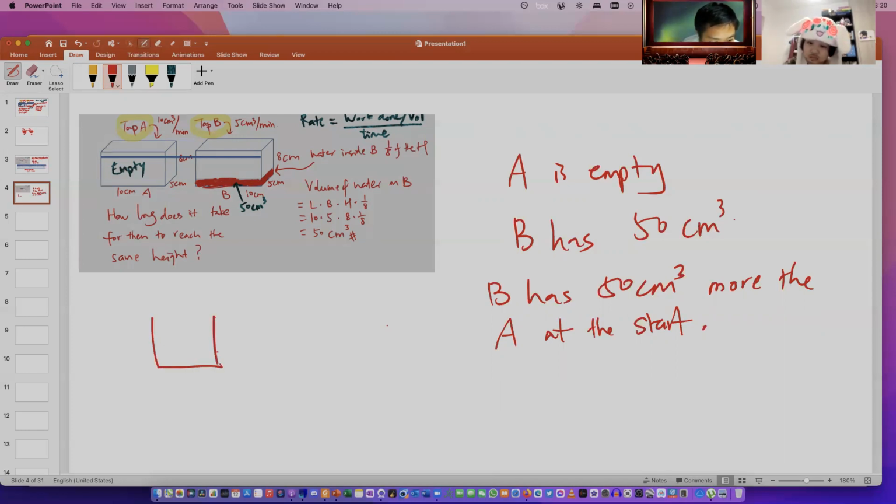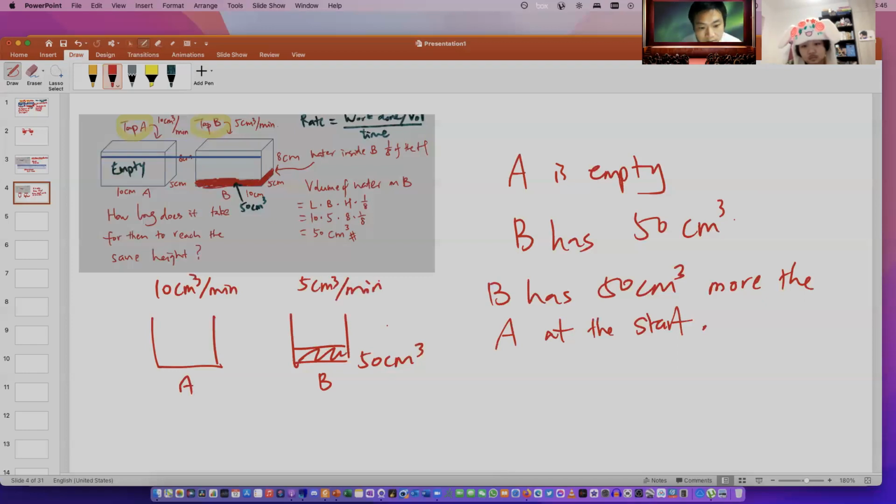Let me start with these two tanks. B has 50 cm cube, and this is empty. So this is A and B. Right now, the tap A rate is 10 cm cube per minute, and this one is 5 cm cube per minute.